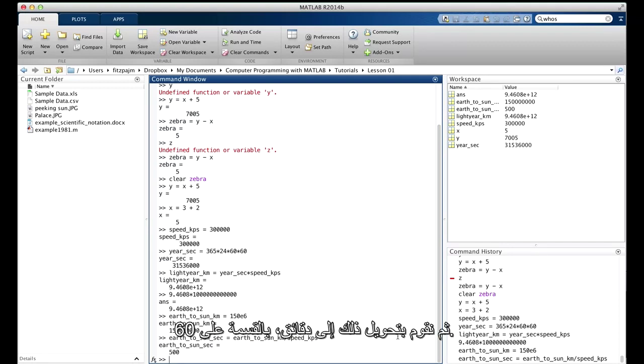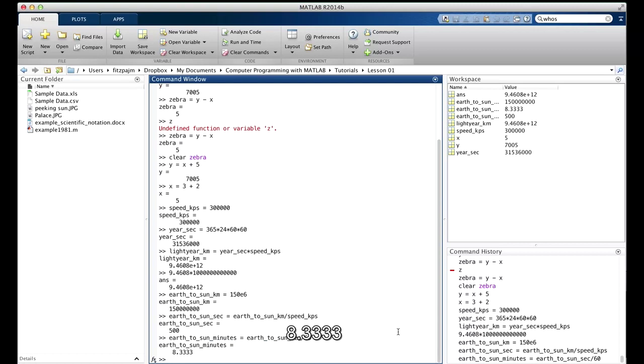And then we convert that to minutes by dividing by 60. It's 8.3333 minutes.